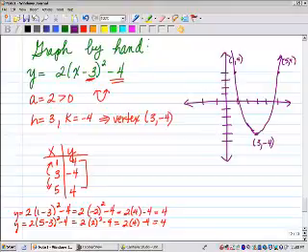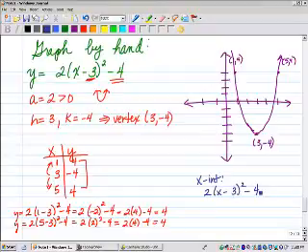Now, just to review some concepts that we talked about earlier, and then I'll close with one more screen. You could also find, if you wanted to, the x and the y-intercepts. Do you remember, the x-intercept is when y is equal to 0. So if I set this parabola equal to 0, I could solve that by the square root property. Right, that would be the easiest thing.